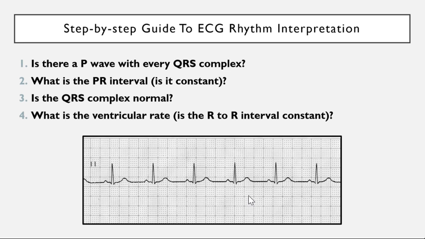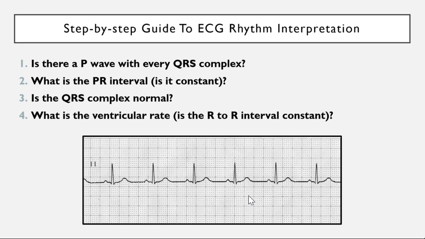So these are the 4 big questions you want to be asking yourself as you look at each EKG. Is there a P wave with every QRS complex? Because some of them skip a QRS or skip a P wave, or they overlap.